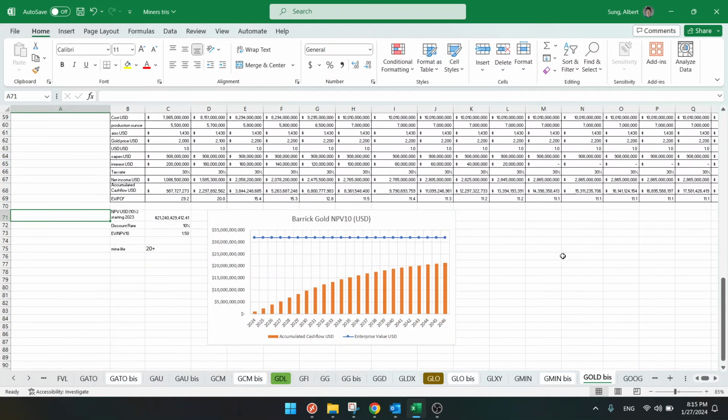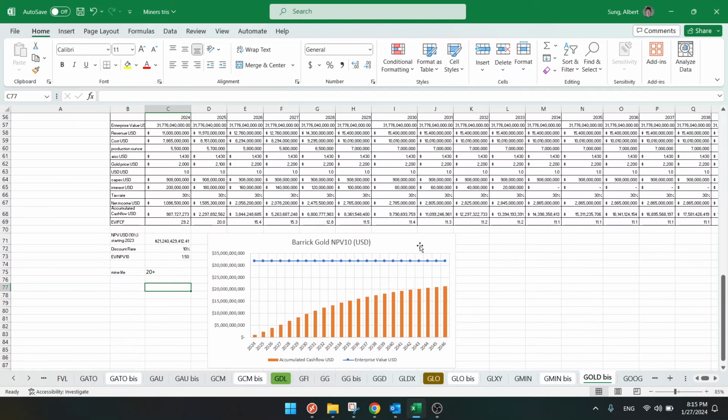Eventually, you will get maybe to here, but it's still overvalued to me. EV to NPV of 1.5, that's a sell. A company above 1 is a sell, 1.5. I like to buy things with EV to NPV below 1, 0.3, 0.2 even better. 0.1 I haven't found yet, but I'm still searching. But Barrick Gold is not one of them.